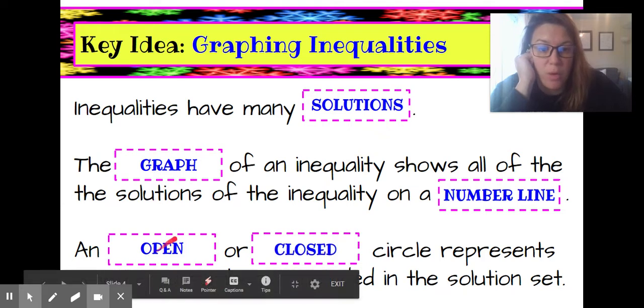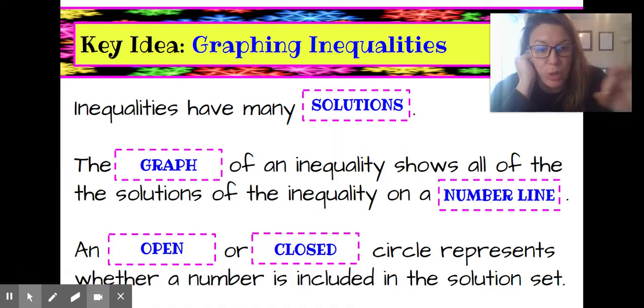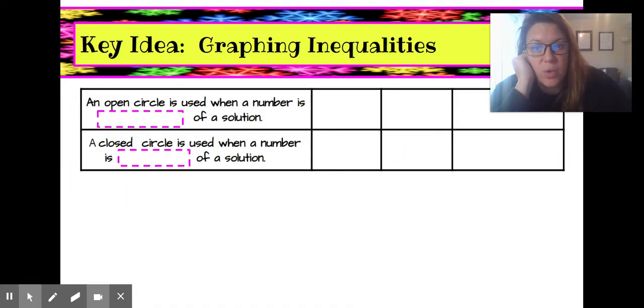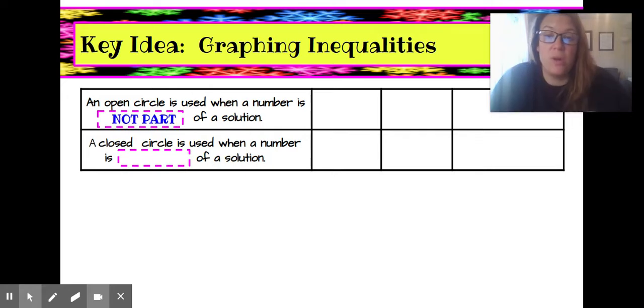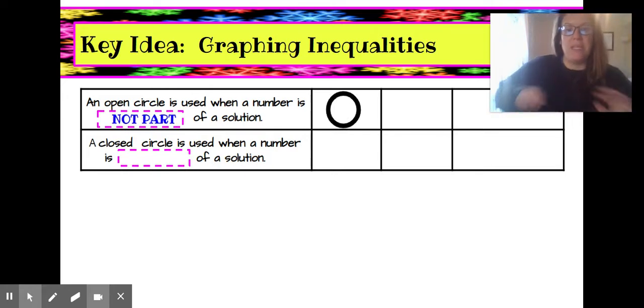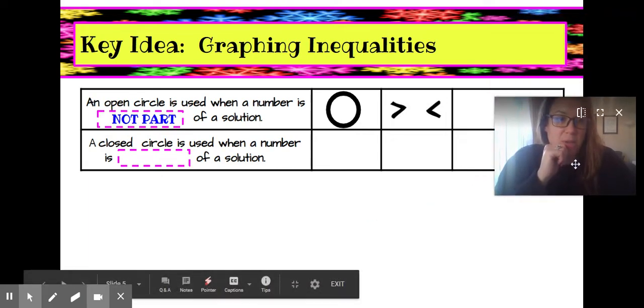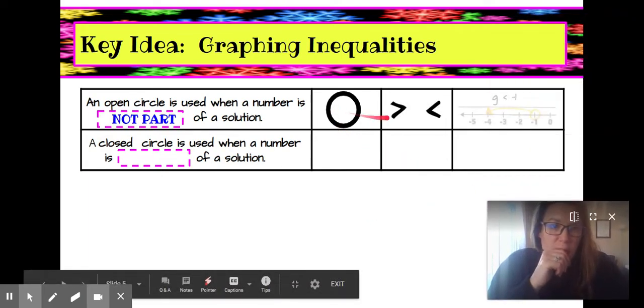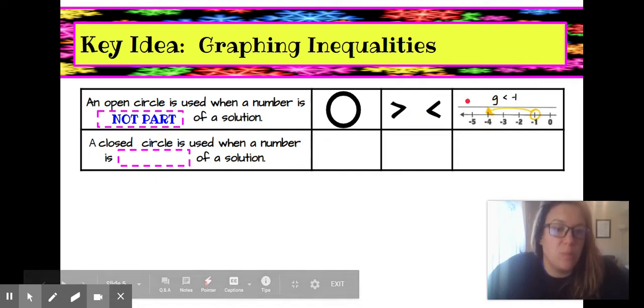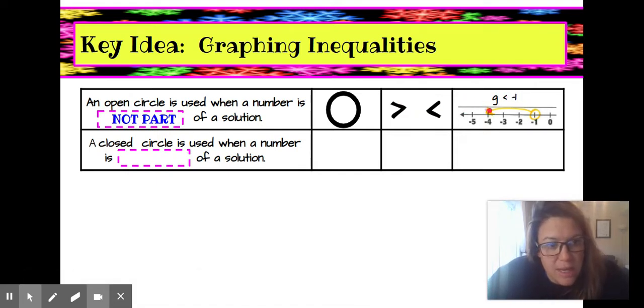So we have an open or a closed circle that represents whether that number is included in the solution set. An open circle is when it's not part of the solution. It's like a shield that blocks out that number. That number is not a part of the solution. So whenever you see a greater than or a less than symbol, here's an inequality: g is less than -1.